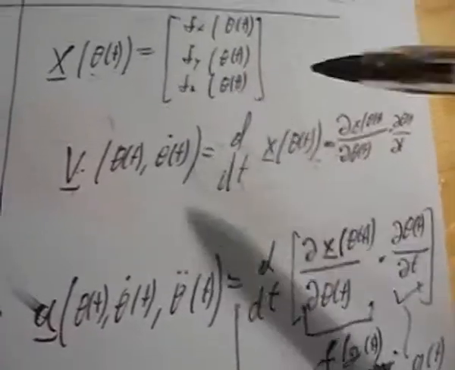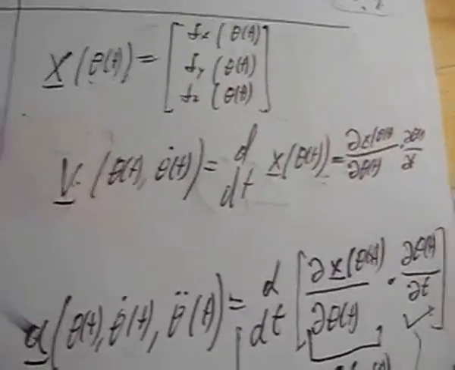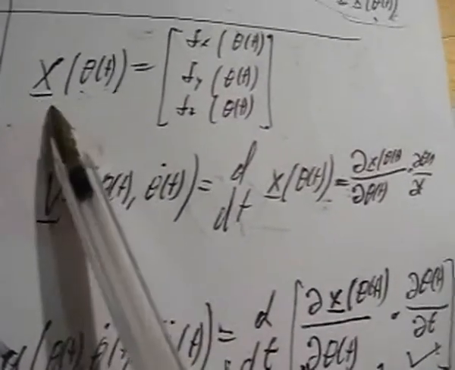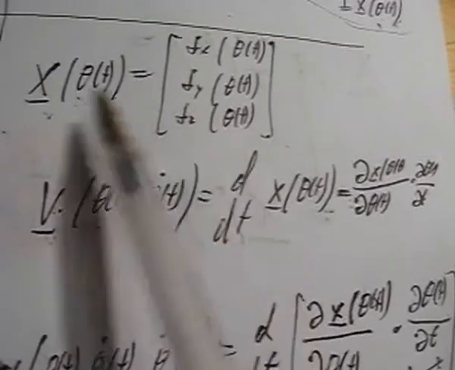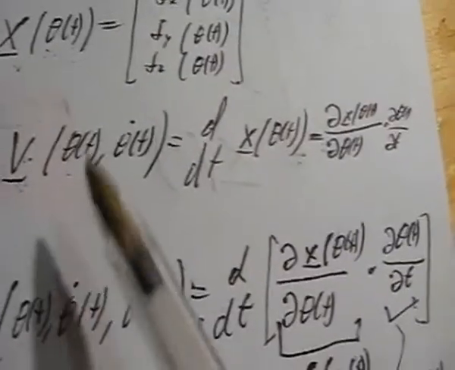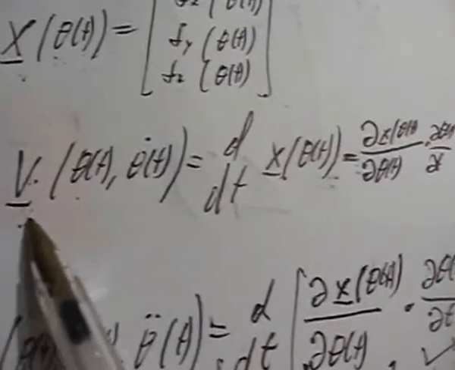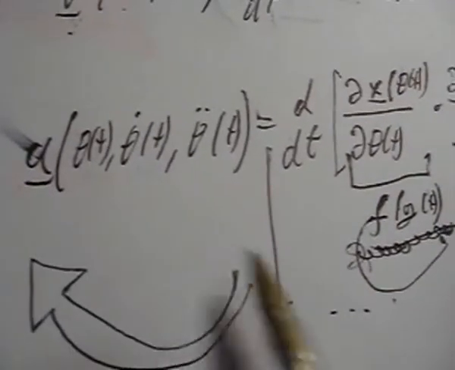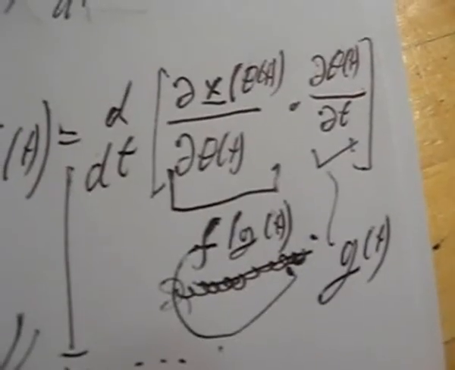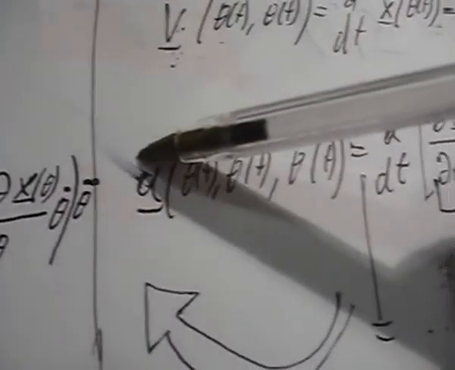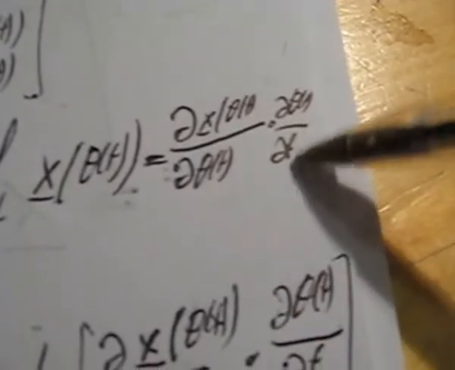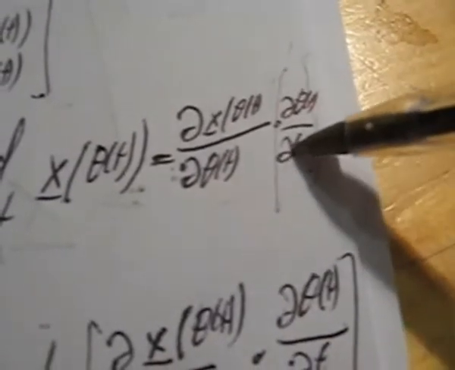So, for the symbolic rules of derivation and the definition of quantities such as velocity and acceleration, starting from the parameterization function, it is this. This is the symbolic one for the acceleration. Since for the acceleration we have to derive the velocity again, we have to derive a product of two functions.